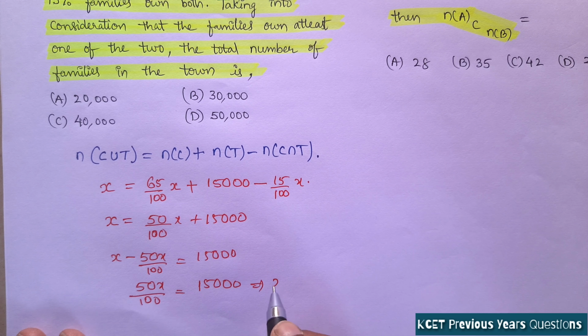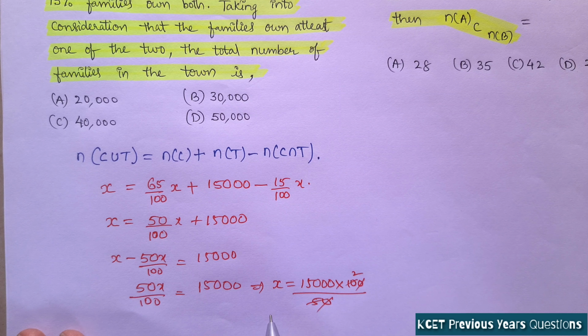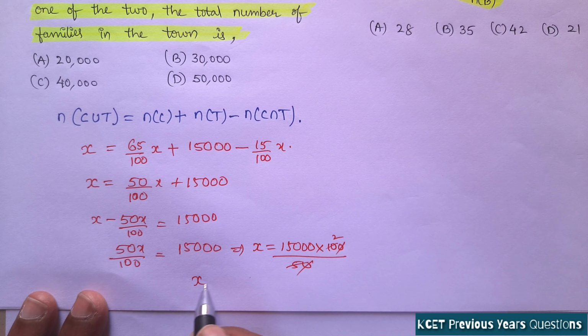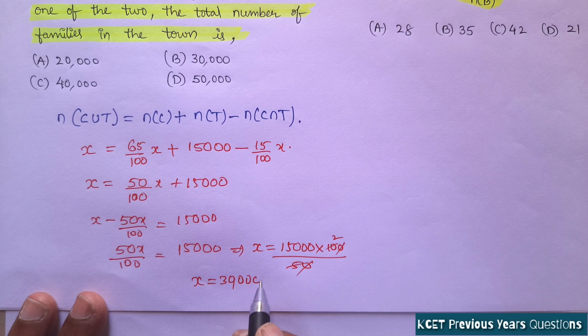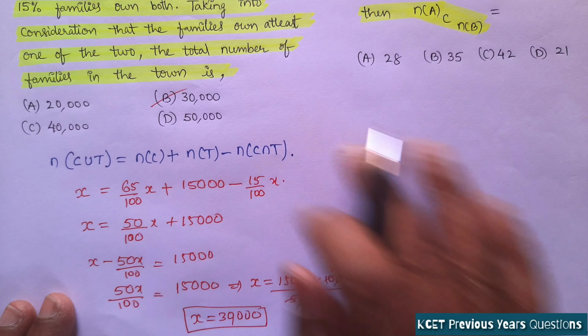Finally x is equal to 15,000 into 100 divided by 50. Zeros cancel, 5 ones are 5, 5 twos are 10, so x is equal to 30,000. So the number of families in the town is 30,000.